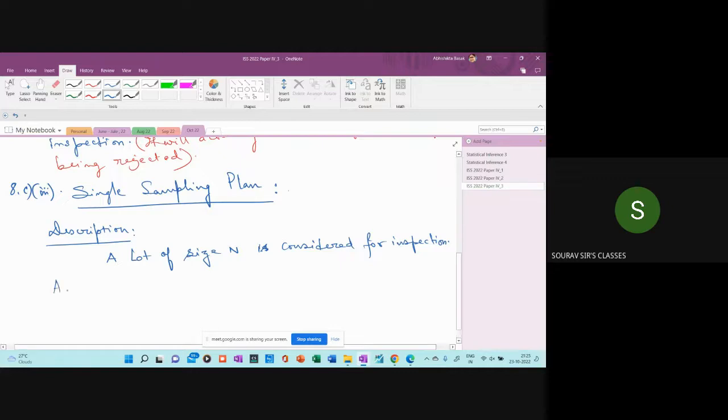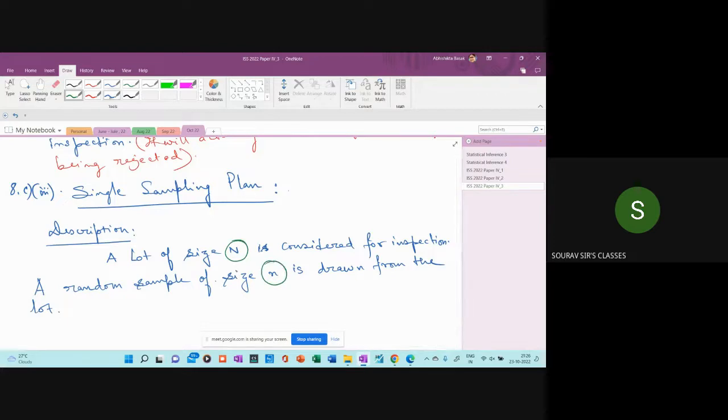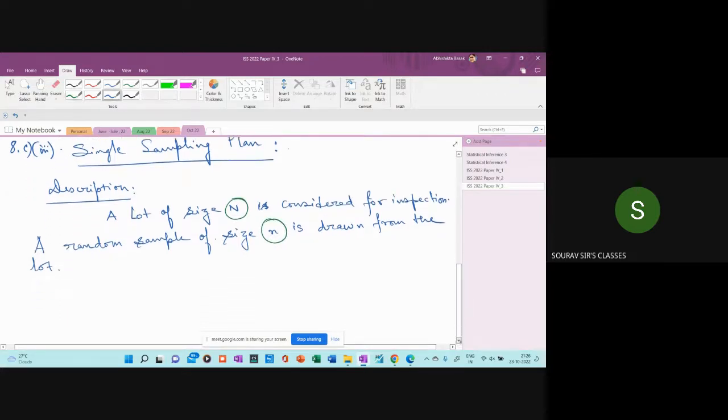A random sample of size small n is drawn from the lot. So the total lot is capital N, and the sample of size small n is drawn from the lot.